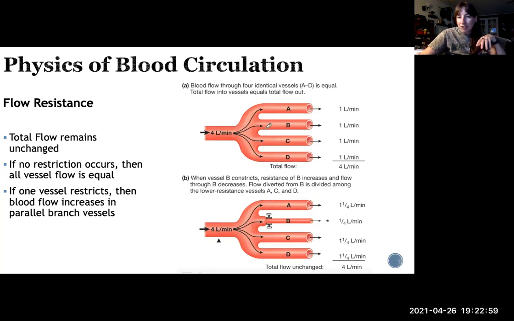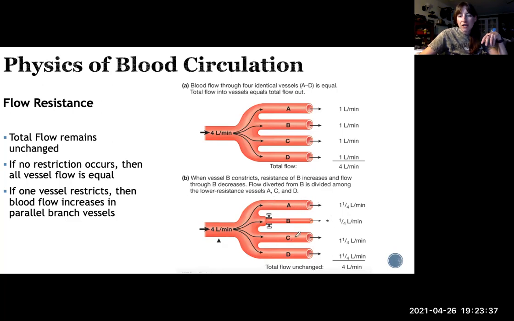So if you have a branched artery here, you have 4 liters of blood traveling through this system per minute. Even if you were to constrict one and increase resistance by however much that is on vessel B right there, you constrict it, you have a narrower tube with a smaller diameter, therefore you're going to have less blood flow, but the speed of blood flow and the amount of blood flow through the other vessels will pick up and make up for that, okay?